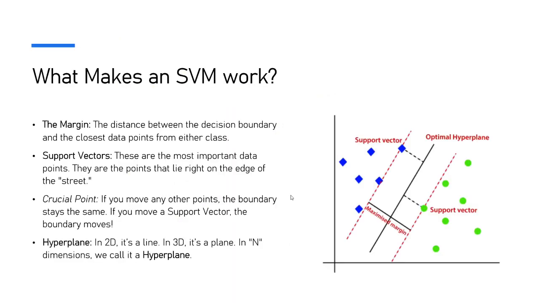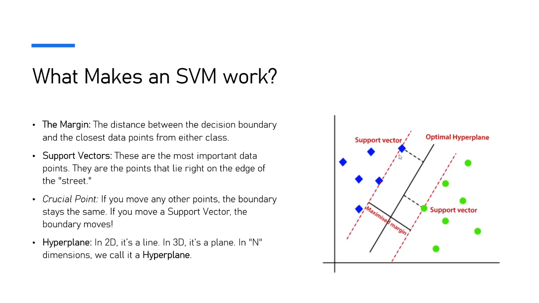So, what makes an SVM work? We are basically trying to find the decision boundary which separates both the classes. The margin is the distance between the decision boundary and the closest data points from either class.